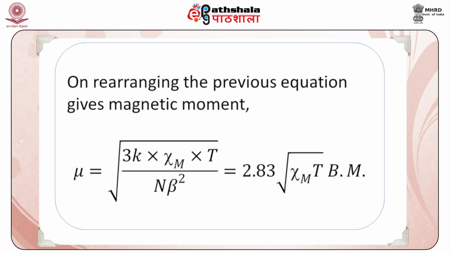On rearranging, this equation gives magnetic moment μ is equal to √(3k χ_m T upon Nβ²), which becomes equal to 2.83 √(χ_m T) Bohr magnetons.